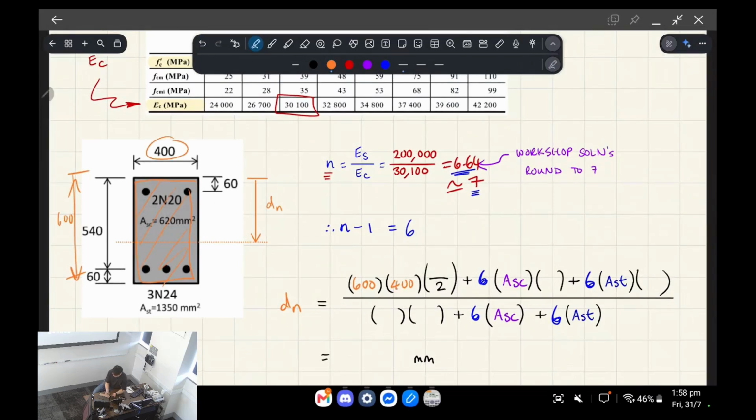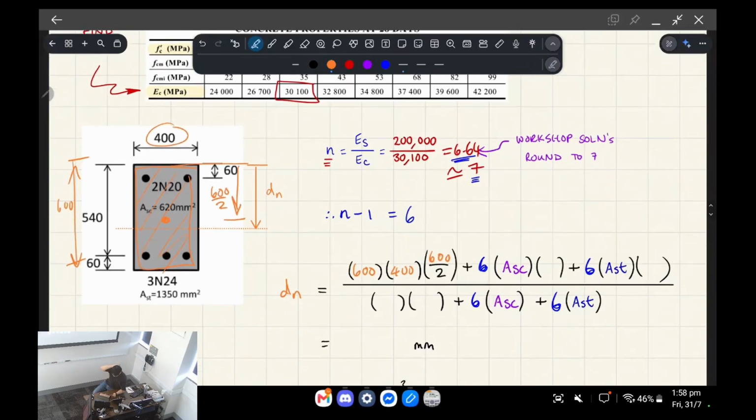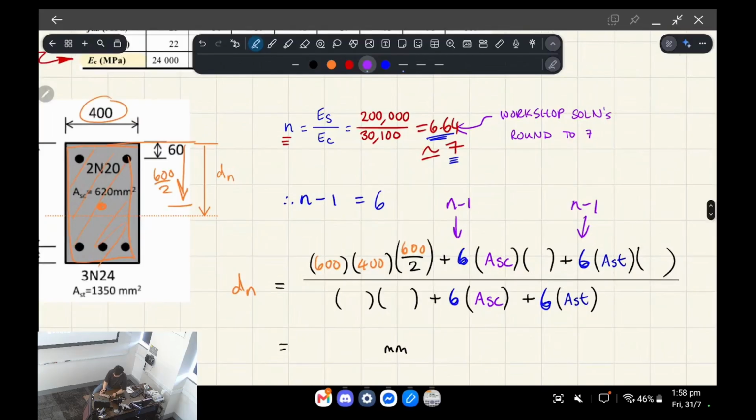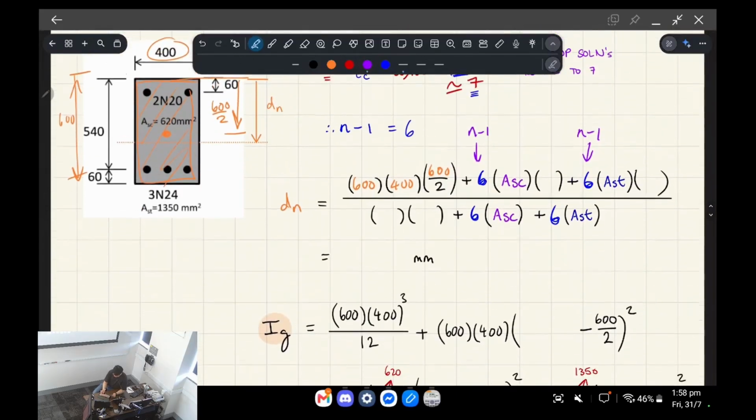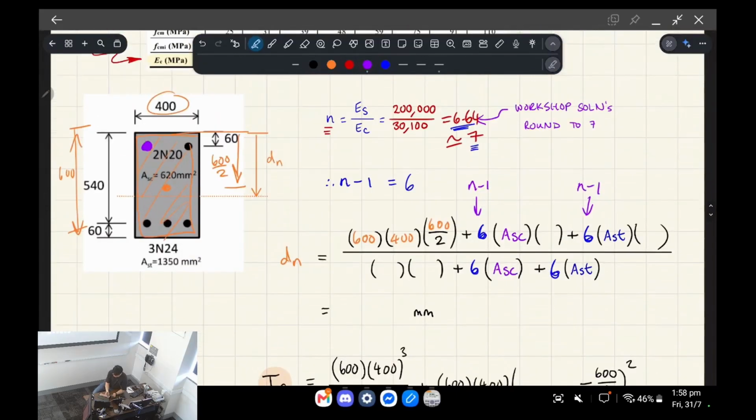And then the depth to the middle of that is going to be 300 mil, or 600 divided by 2. So here I've written 600 divided by 2. And we're going to add on n minus 1 times the area of the compressive steel. So the compressive steel was this one over here.